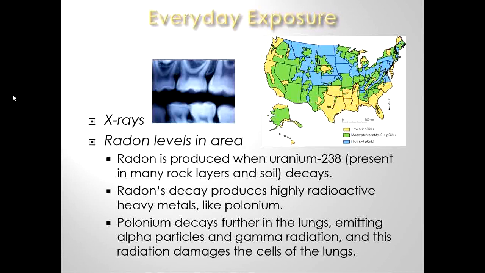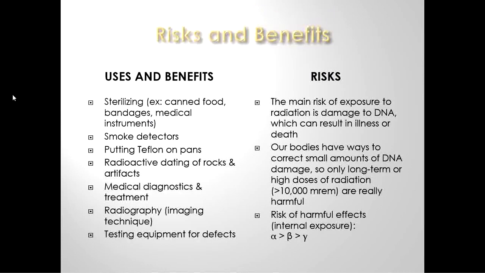And in Virginia, we're usually fine in our area. Here are some of the risks and benefits to radioisotopes and using radiation. Sometimes, we have to think about if the benefits outweigh the risks, right?